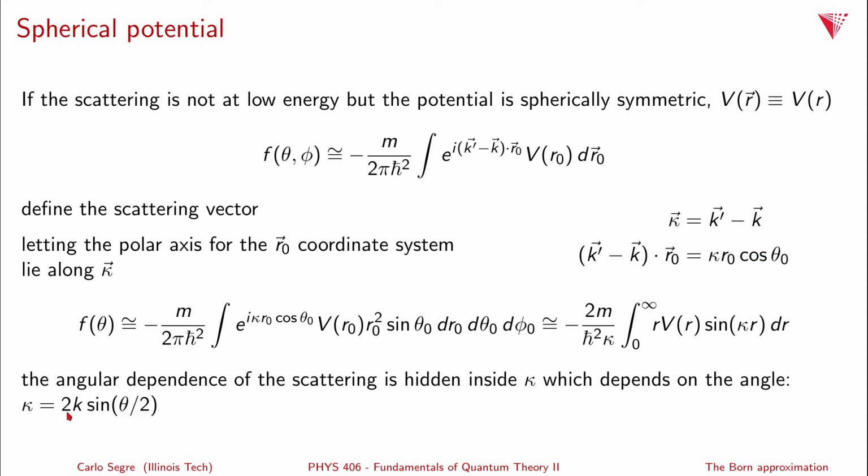So kappa is equal to 2k sine of theta over 2.